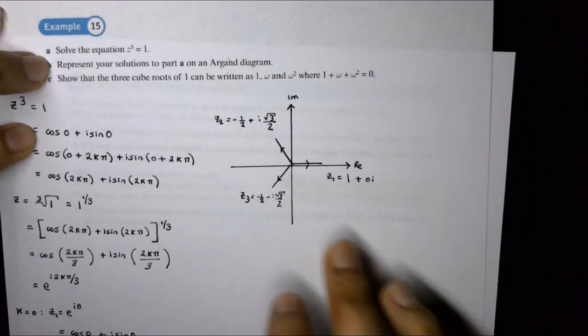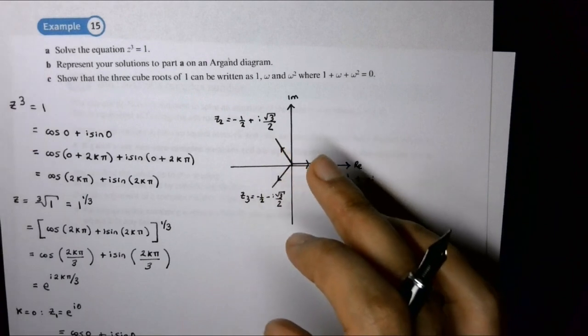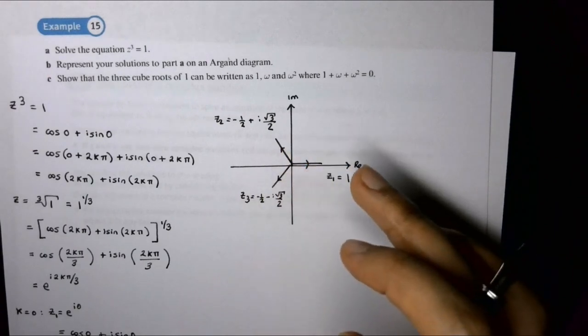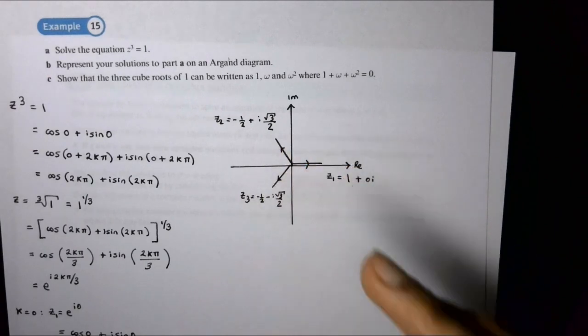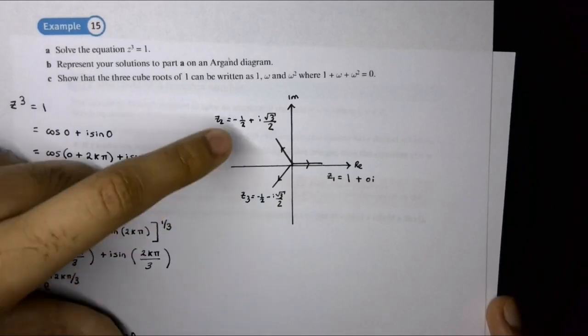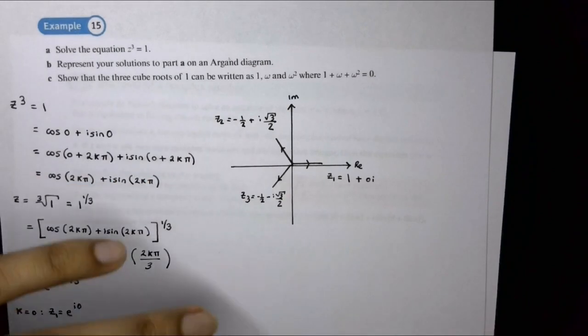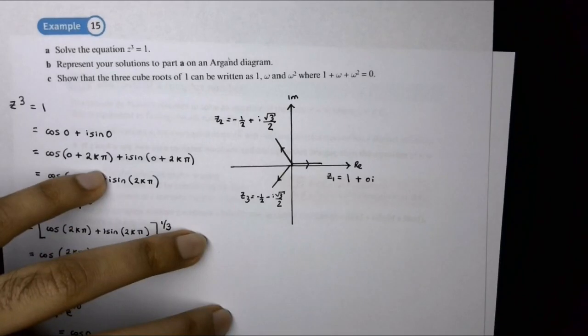So part B, that's what we've just done over here. We've just represented our solutions on an Argand diagram. Now, what you can see over here, Z1, Z2 and Z3, these points lie on a circle with radius 1 unit.